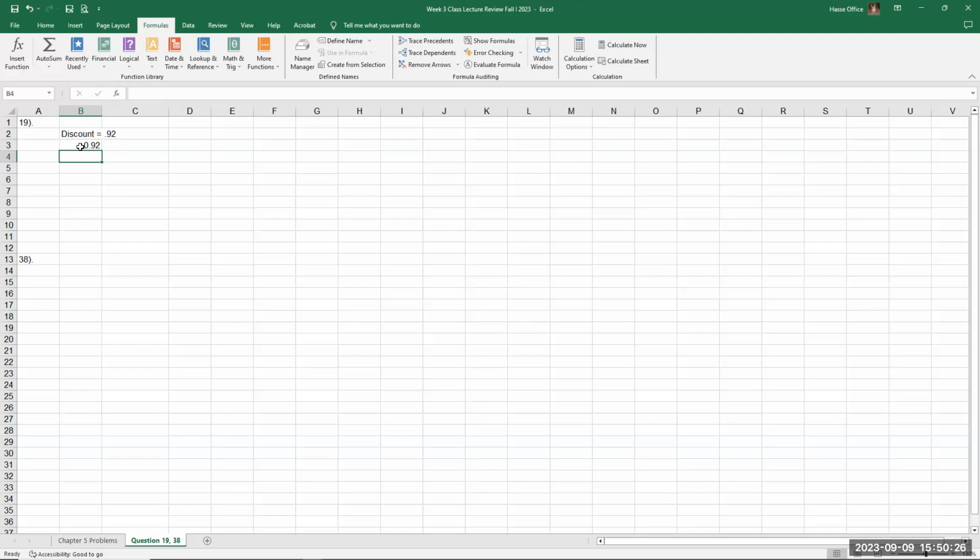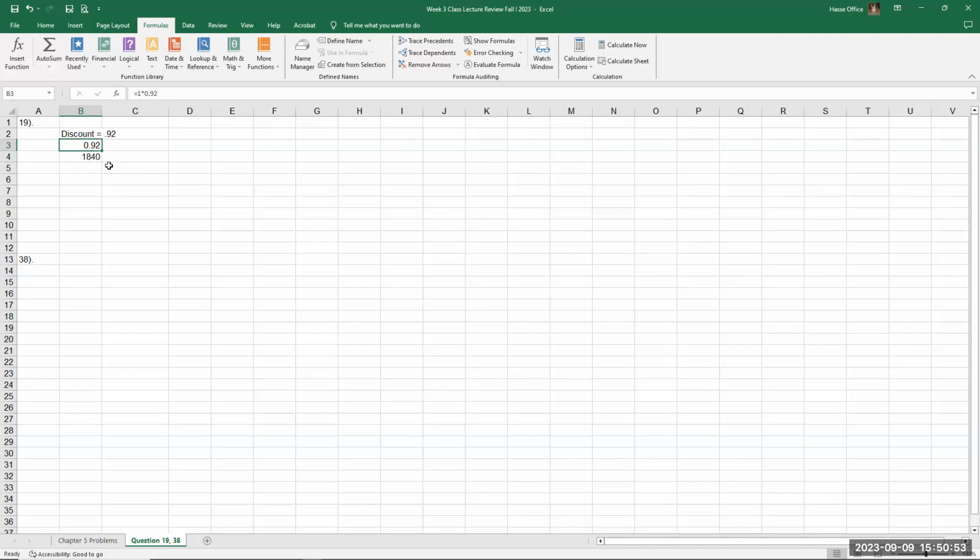If I take that discount factor and multiply $2,000 times 0.92, I get $1,840. Which makes sense. That's the current present value over 2 years, discounted over that period of time. The discount factor is another way of looking at a calculation.